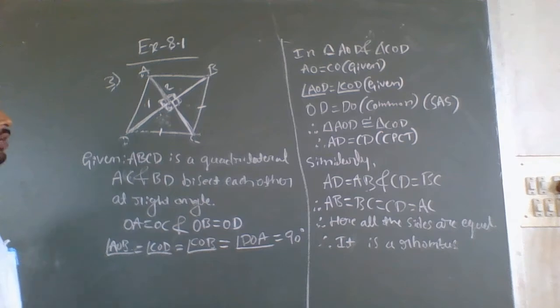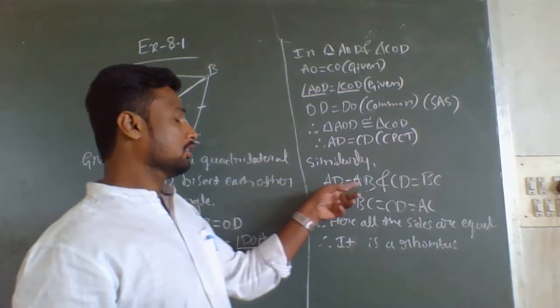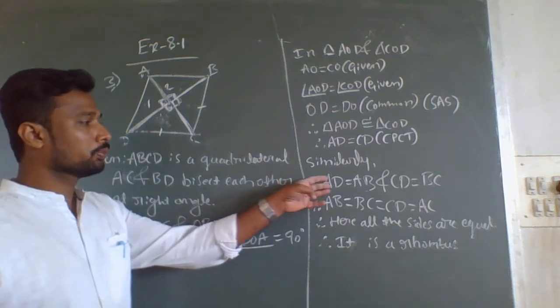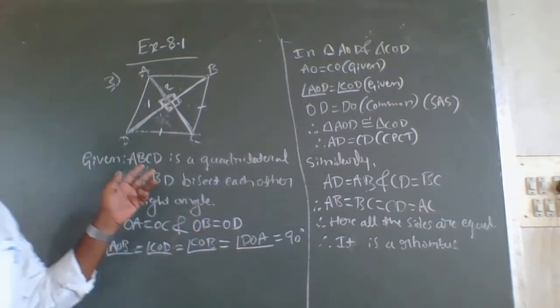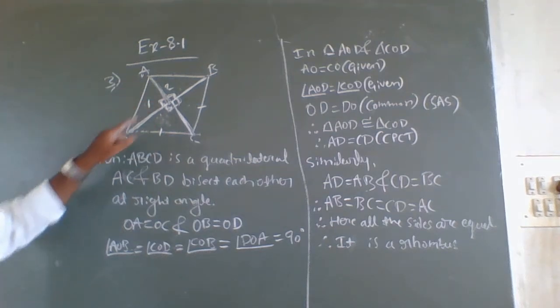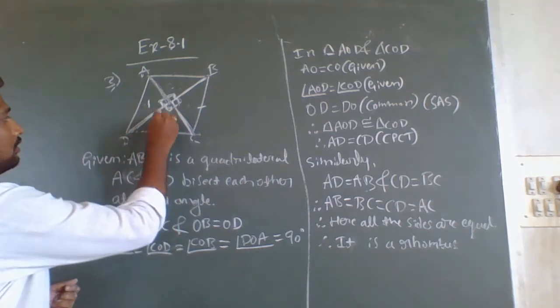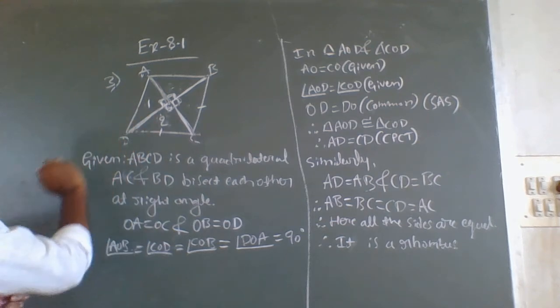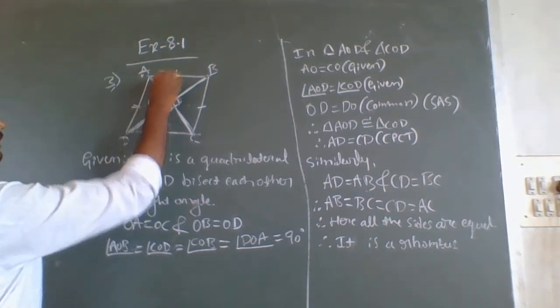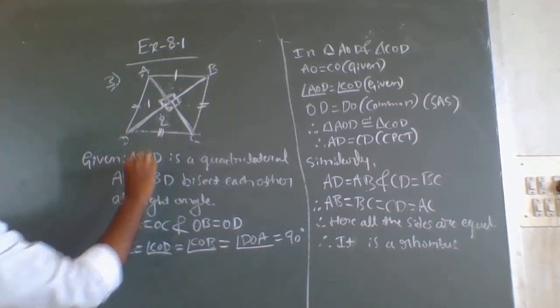So if you want, we can prove these things also: AD is equal to AB, CD is equal to BC. I hope you all know how to prove this. Consider triangles again like this. First I considered AOD and COD, these two triangles. If these two triangles are congruent, then these two sides are equal. Like that only, prove again these two sides are equal, and again these two sides are equal.